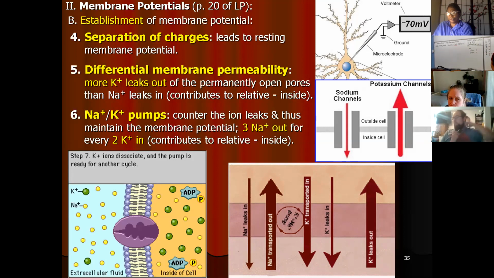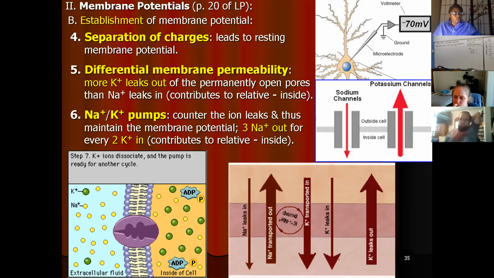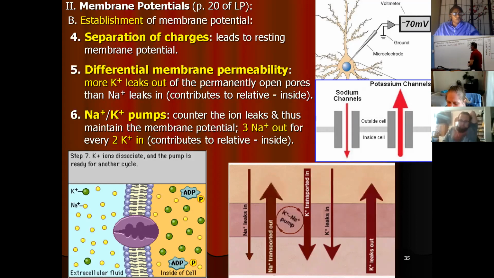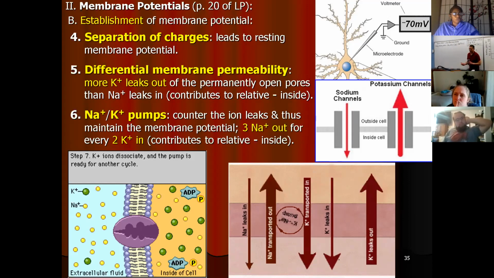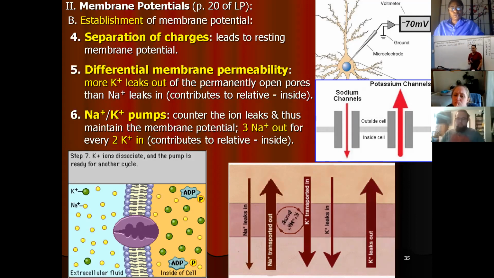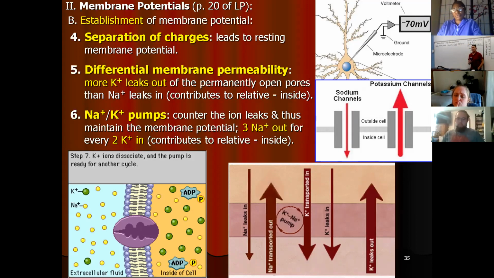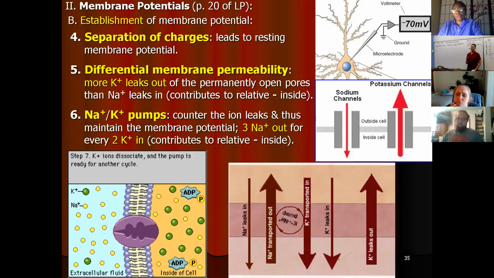This is slide 35. I have a question. Okay. -70, does that exist in the cytosol but not in the organelles? We are talking about the general ICF and the cytosol versus the ECF, yes. But there are differences within organelles as well, and the mitochondria with the chemiosmotic theory is an example.